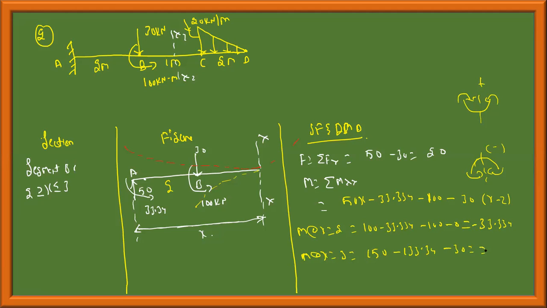Can you tell me the value? 150 minus 30 is 120, 120 minus 133.34 is minus 13.334. Right?